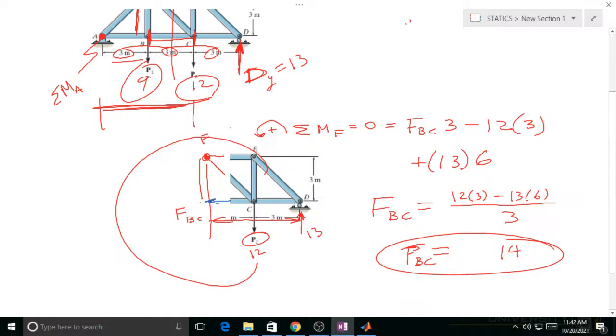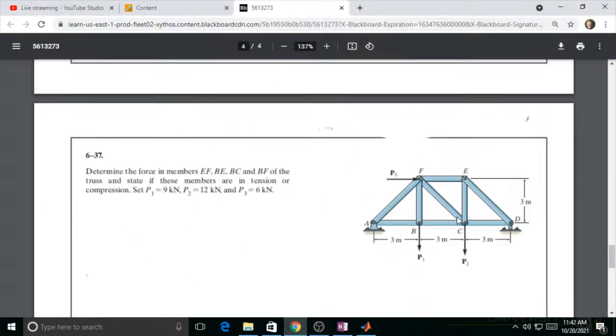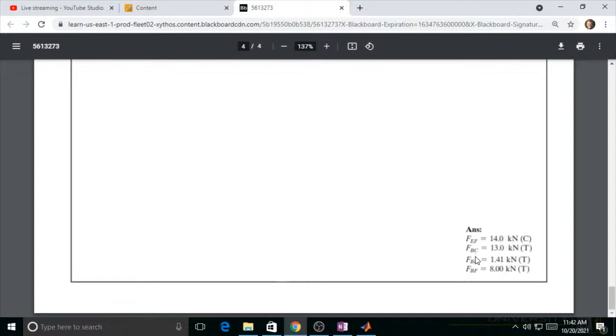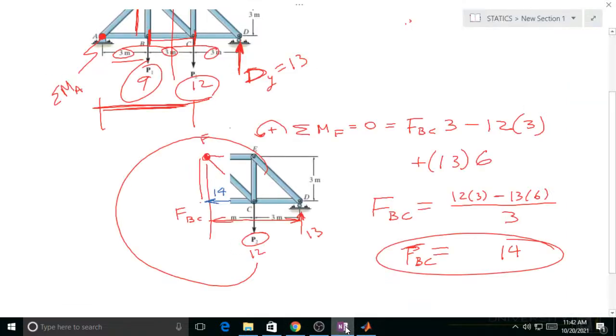So it's actually 14 here. Just out of curiosity, let's see, because there was a question. Okay, so this is BC. He says 13. Did I get 13 or did I get 14? I got 14. I think he's all goofed up.